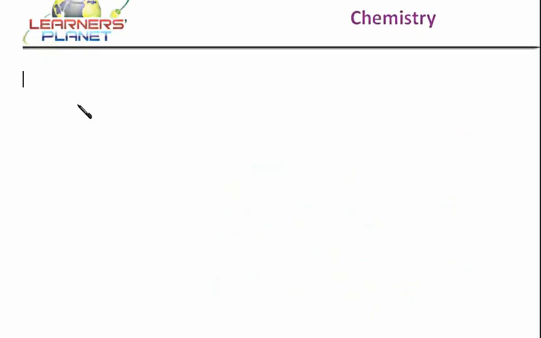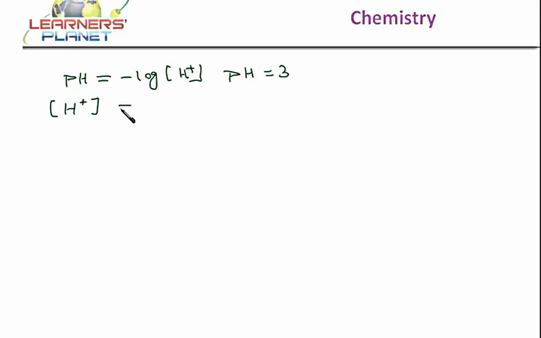Now let's solve it. So pH is equal to negative log of H ion concentration. Now in this case, pH is given as 3. So what will be the hydrogen ion concentration, students? It would be 10 to the power minus 3.